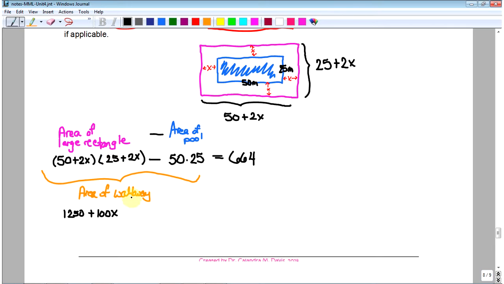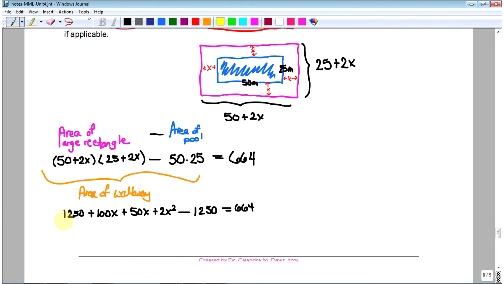Inner times inner gives me 50x. Last times last gives me 2x squared. Then we have minus, again, 50 times 25 is 1250. And we have all of this equal to 664.